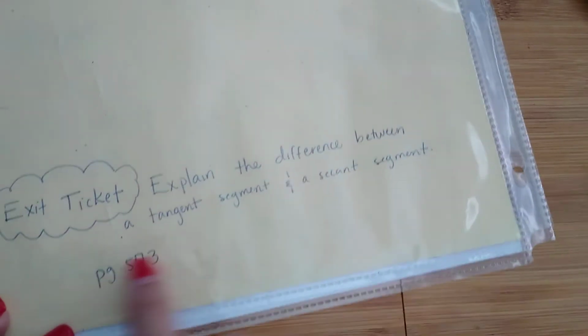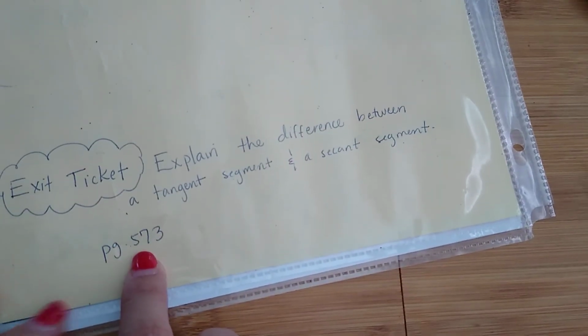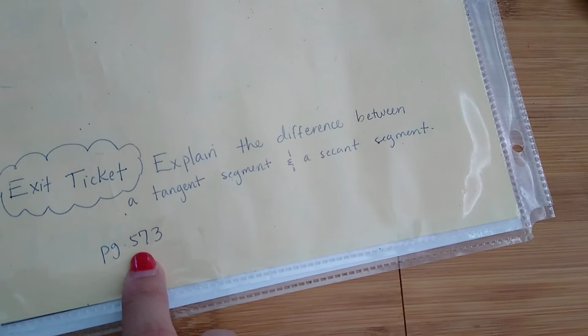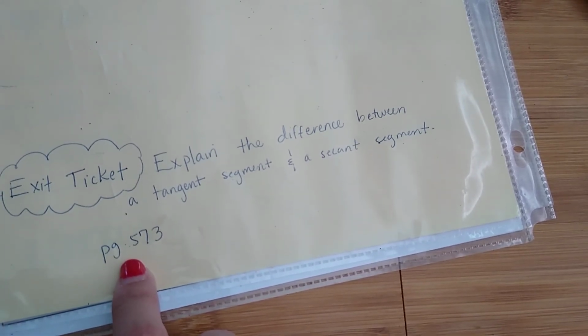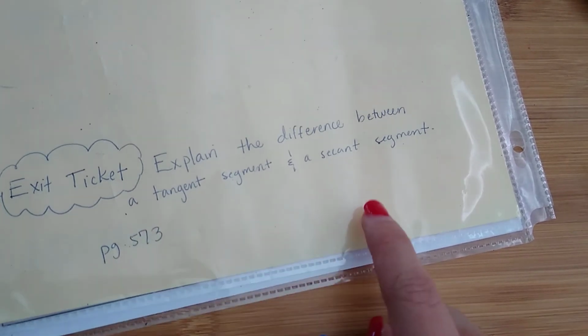This is actually on page 573. That's the question where I actually got it from. So this is a very important vocabulary and core concept check. So make sure you look at those theorems that involved the tangent and then the secant.